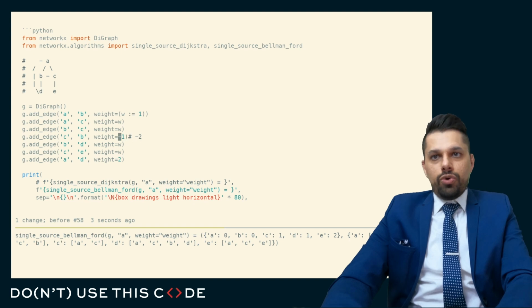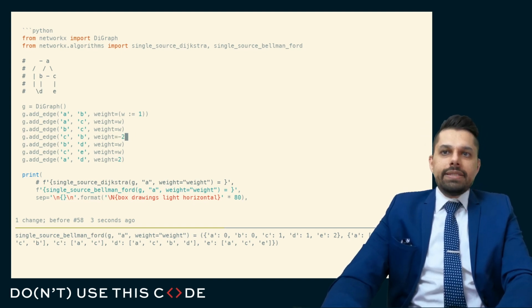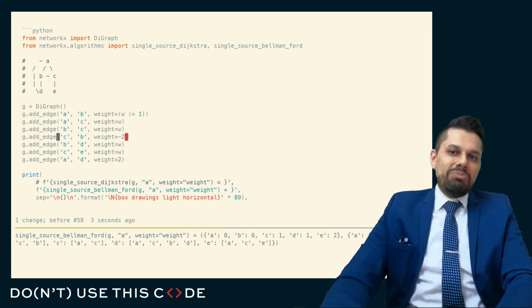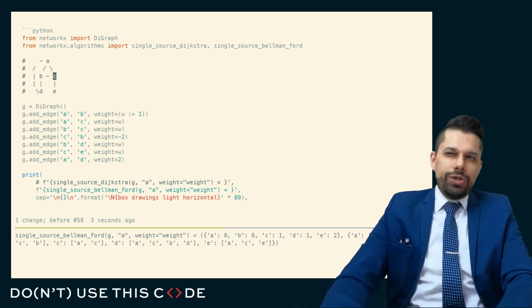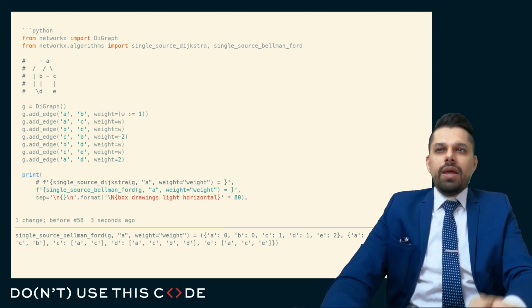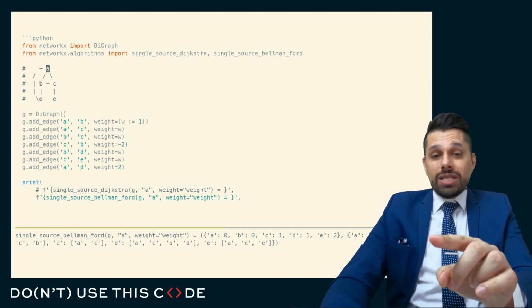One of the things about Bellman-Ford is it will allow you to solve this problem in the case of negative edge weights, but it also requires that you don't have what are called negative cycles. If I increase the negative weight here too high, then I might find myself in a situation where going from A to C to B to D and then back to A may cost -1.